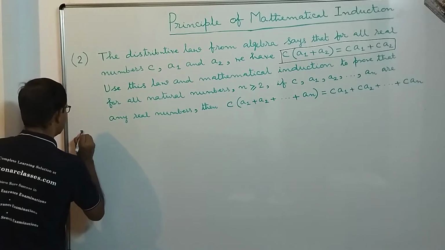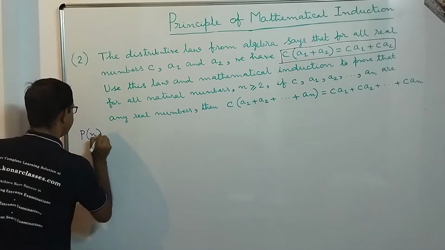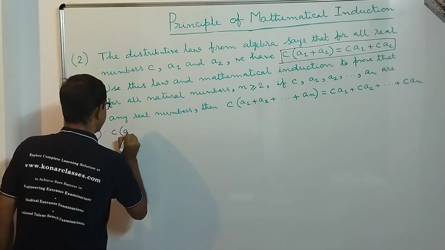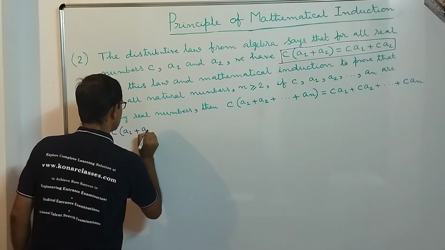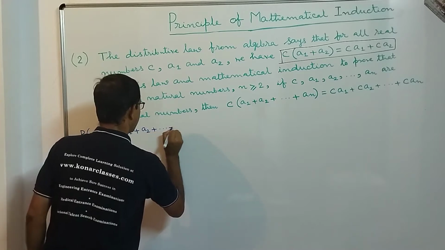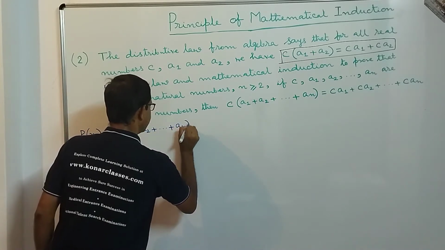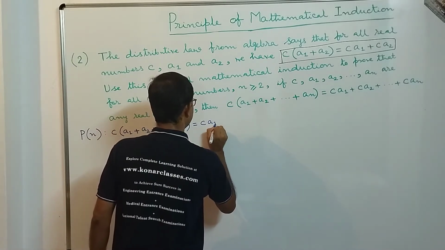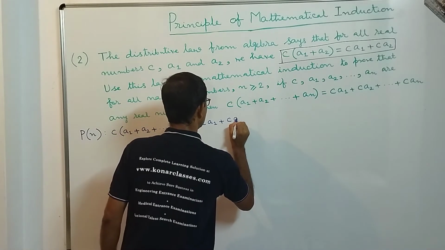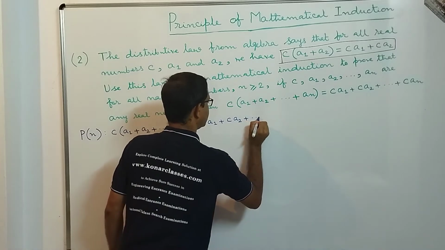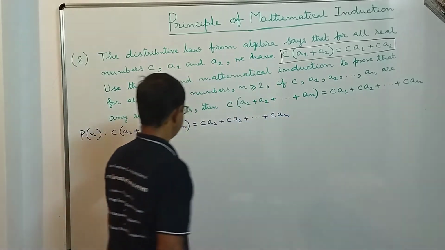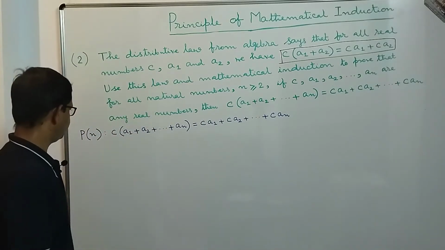Our mathematical statement Pn is: c into (a1 plus a2 plus dot dot dot up to an) is equal to ca1 plus ca2 plus dot dot dot up to c into an. This is our mathematical proposition.